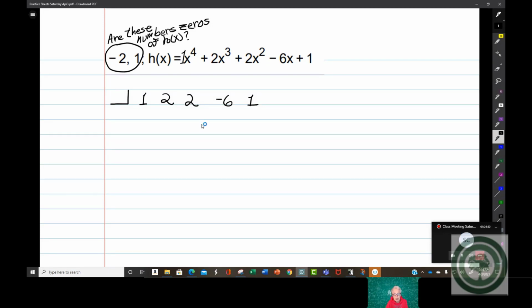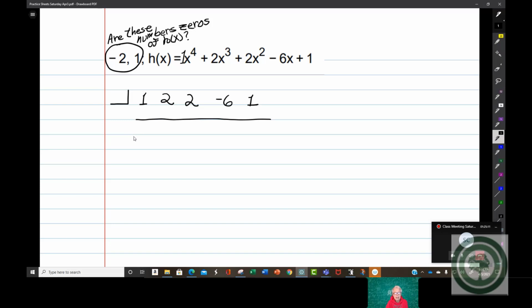Now, I skip a line, and I draw a line, because I'm going to be adding numbers to these numbers right here, and putting the sums, the answers down there.